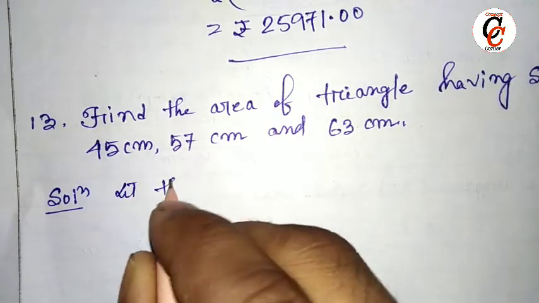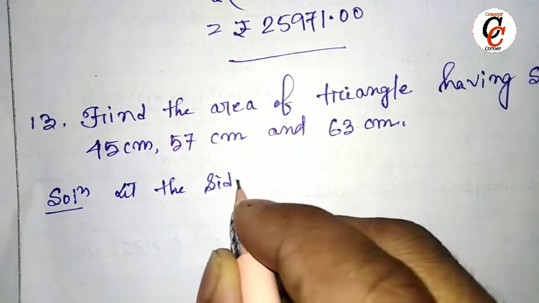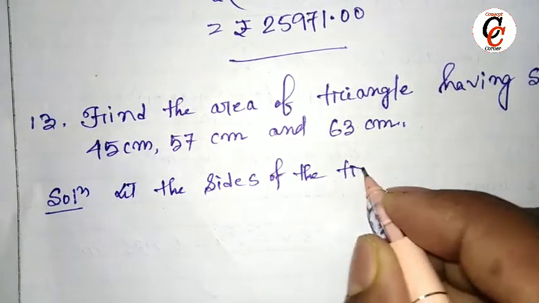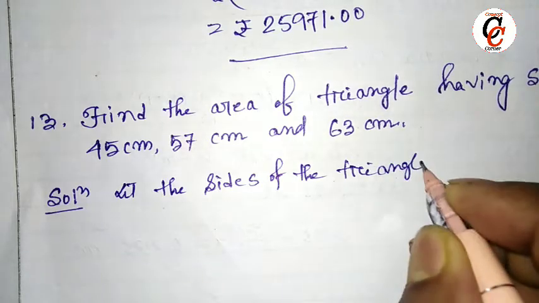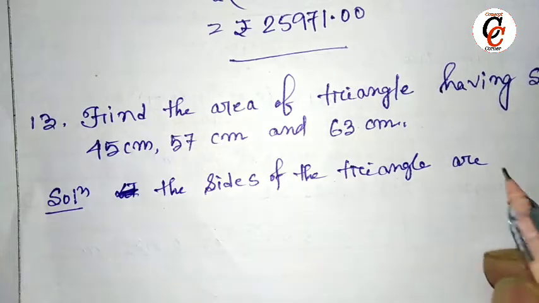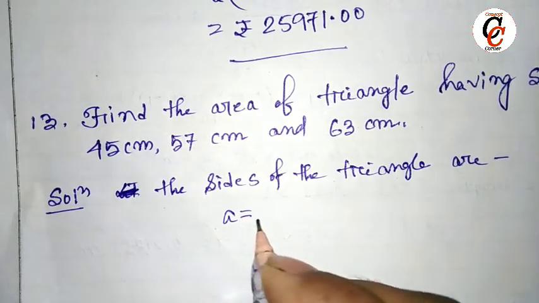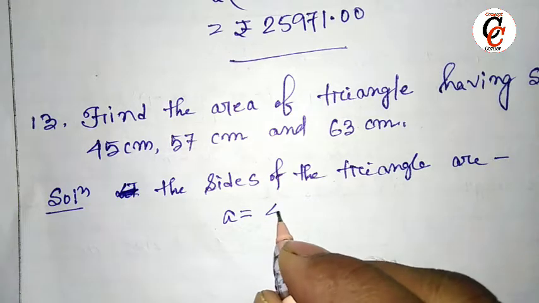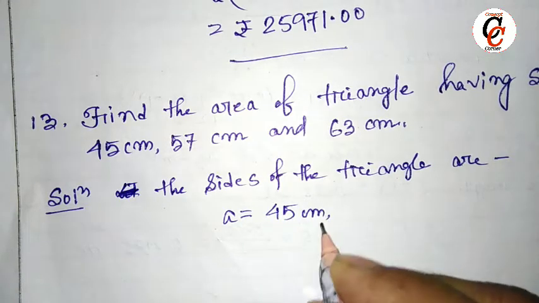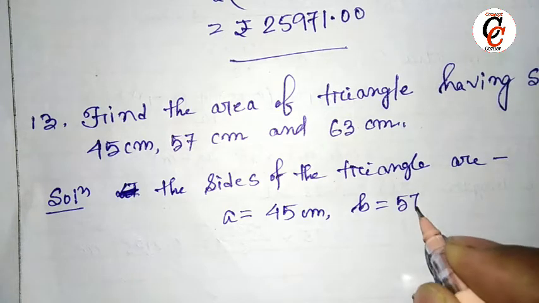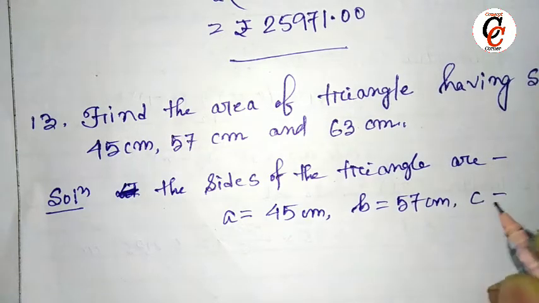Suppose these are the 3 sides of a triangle. Let the sides of the triangle be: A is given 45 cm, B is given 57 cm and C is given 63 cm.